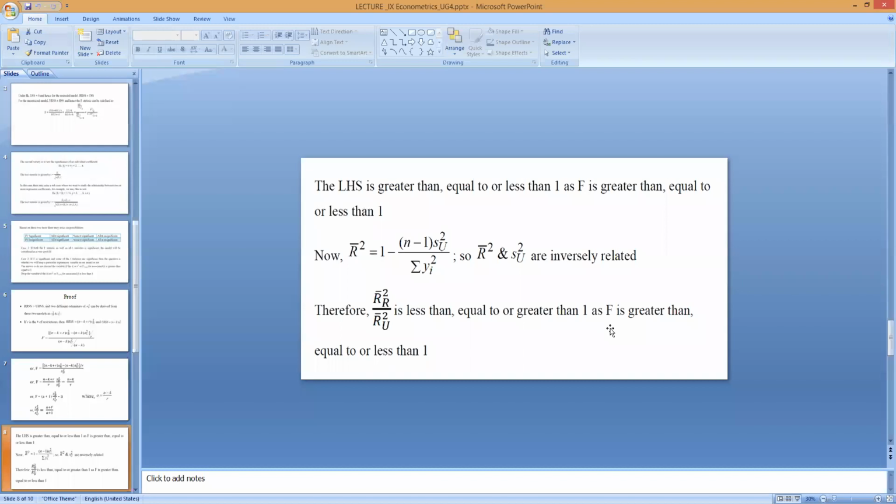RR bar square is less than RU bar square if F is greater than 1. Thus, the unrestricted model gives the better fit. Thus, the unrestricted model provides the better fit if F is greater than 1.